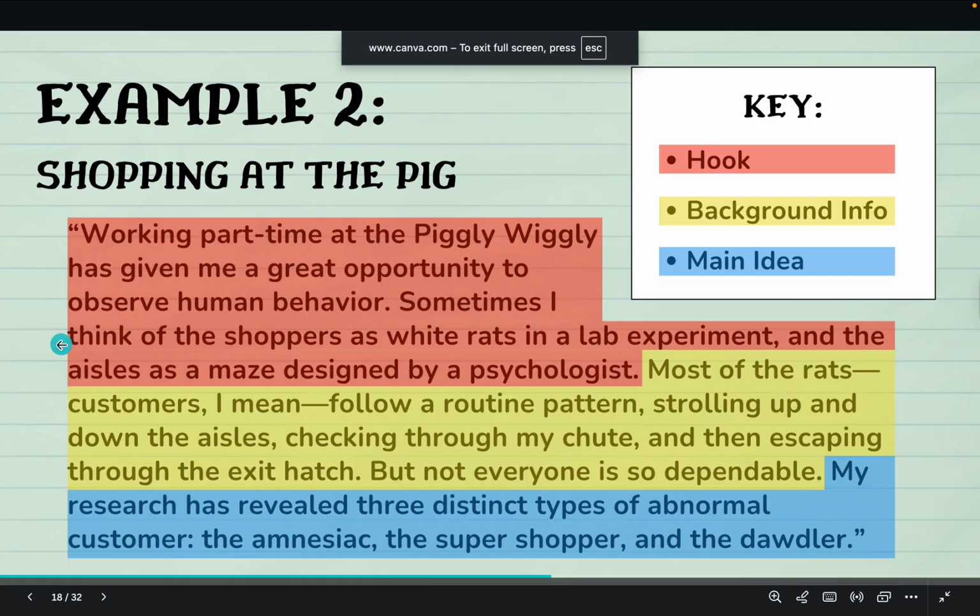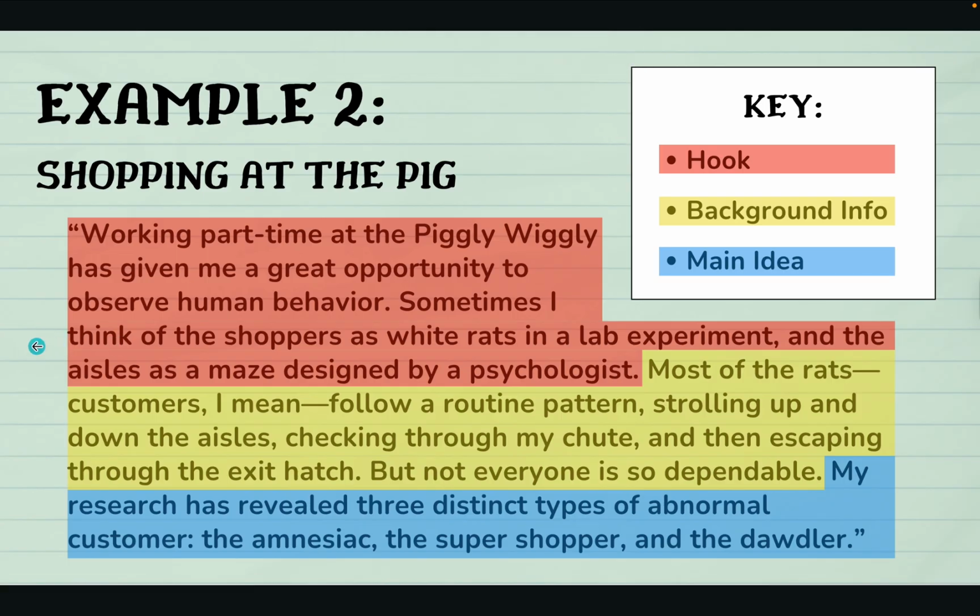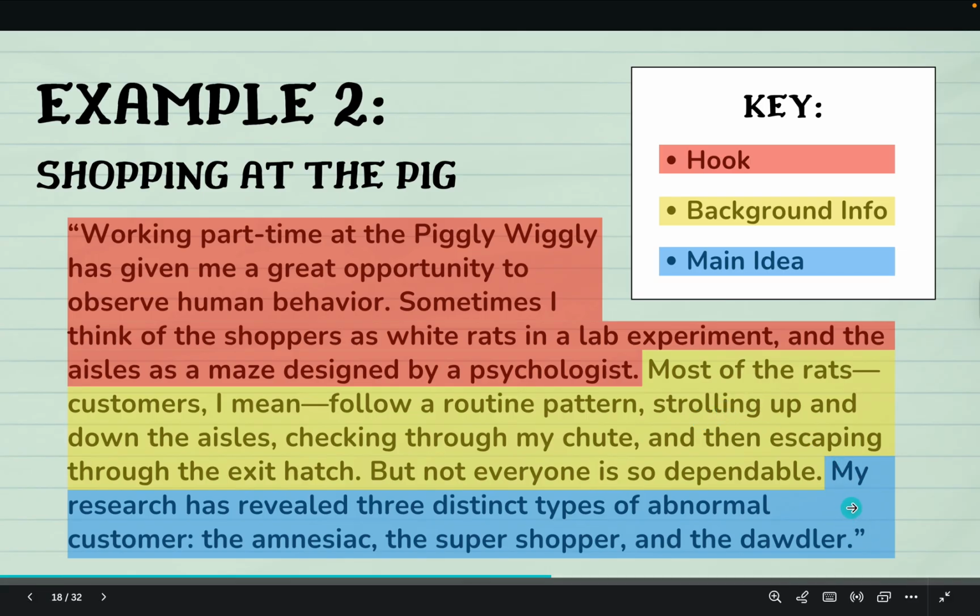This is a legit, actual research writing that someone wrote about their experiences at the Piggly Wiggly grocery store. So if we go back to our intro, you've got your hook here in red. You've got your background info, but then the main idea, what they're trying to say, what their claim is, right here.